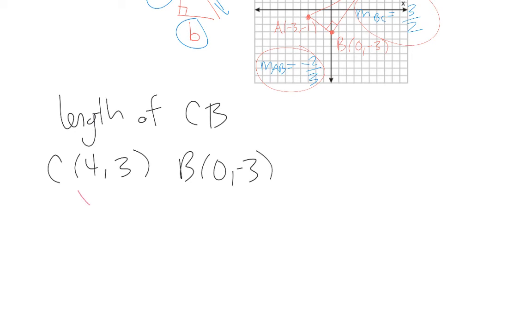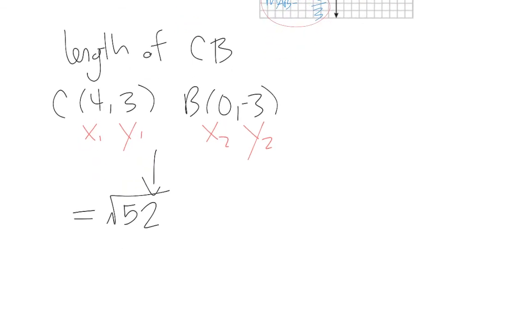Again, you want to label these so that you can easily substitute these numbers into your equation. Once you put that into your equation, you should get a value of the square root of 52. And if you simplify that, you should get 7.21 roughly.